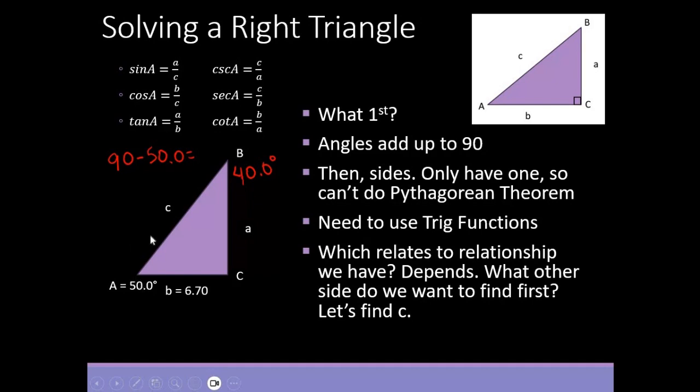So angle A, we have adjacent, that's what this side is, and C would be the hypotenuse. So angle A, B over C. Which of these has B over C? That would be cosine. So that's what we're going to use.